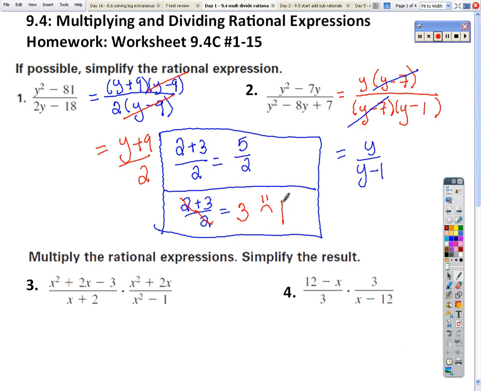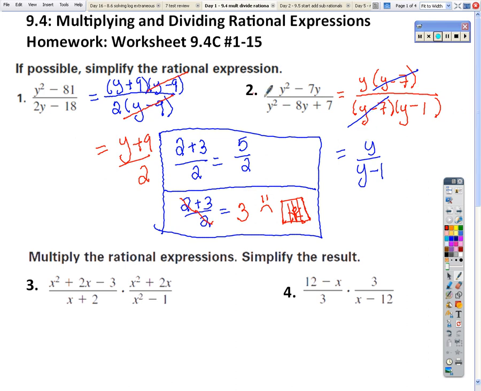That's the math jail way. You may not cancel those individual numbers because of the addition. You can only cancel when it's a factor like this.